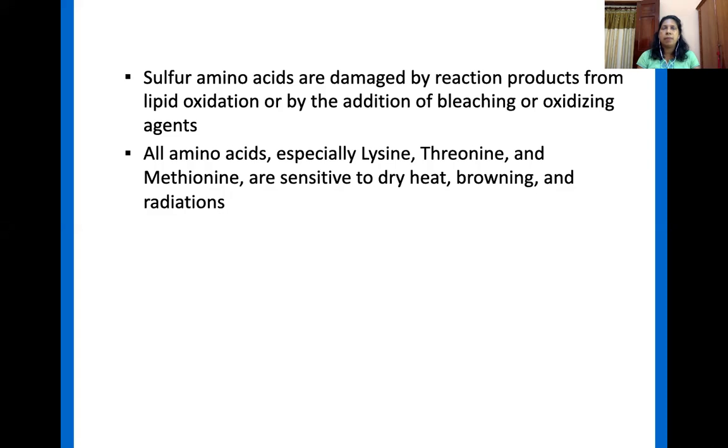In the case of irradiation, bacteria, yeast and molds can definitely be destroyed, because irradiation damages the proteins and DNA inside the bacteria, yeast and mold. That is why irradiation is really effective, and you can get a longer shelf life for the product.